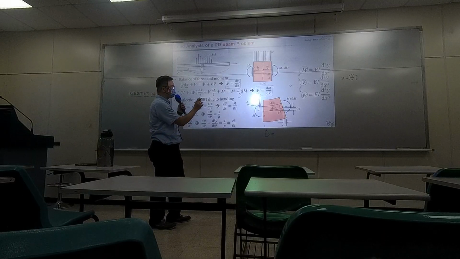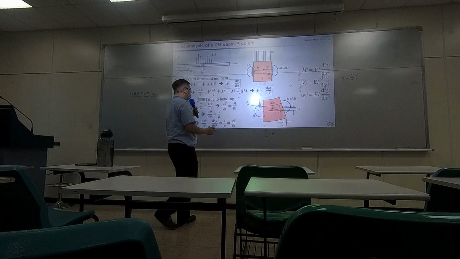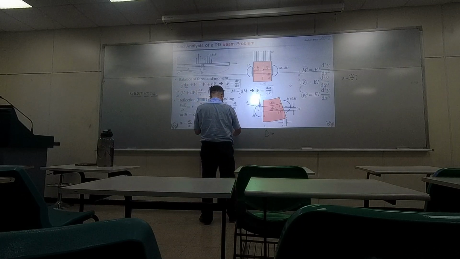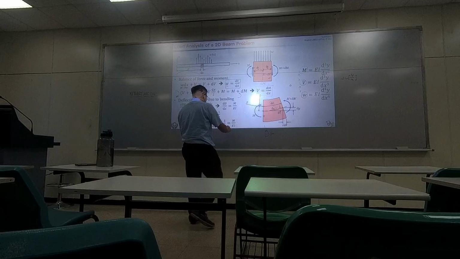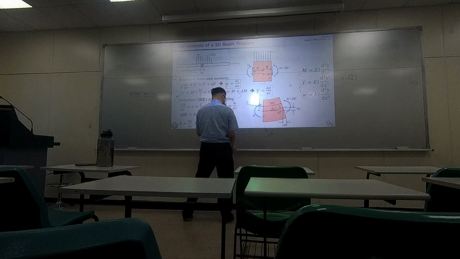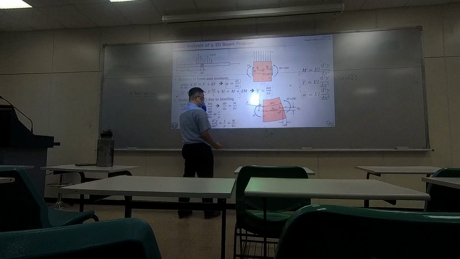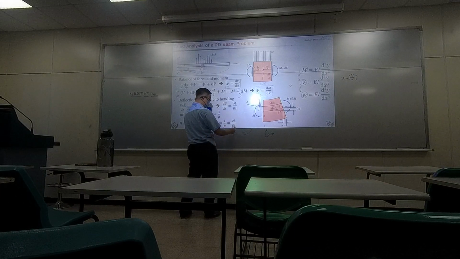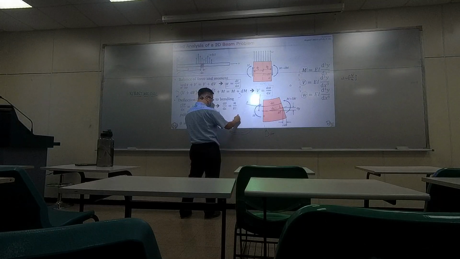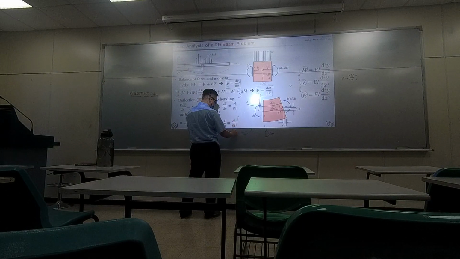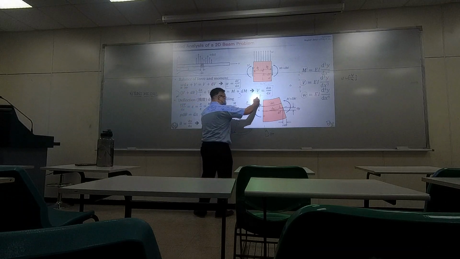Then you see a small increment of theta. However, if you step back and view this beam being bent like this, there will be a rotational center, and there will be a radius rho right here. So this is this guy.